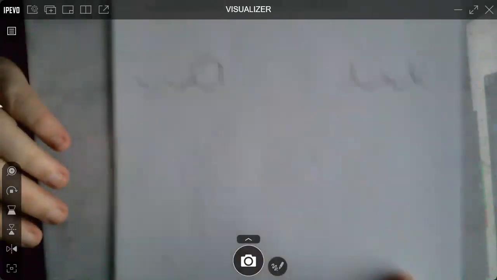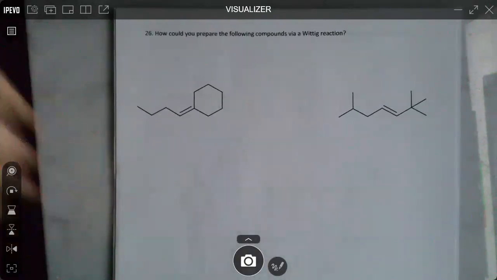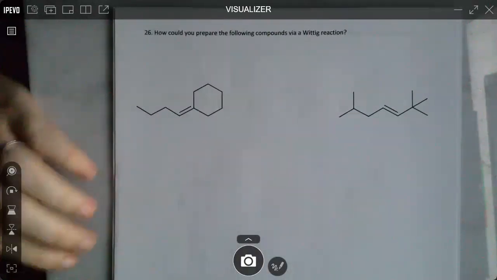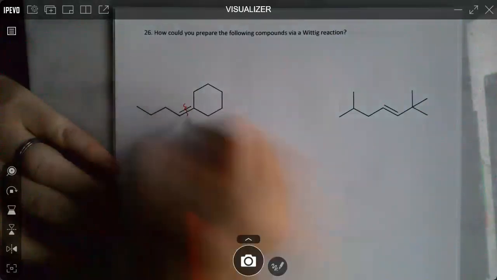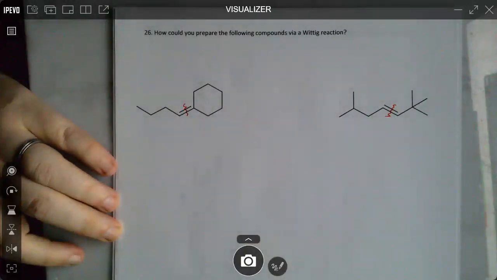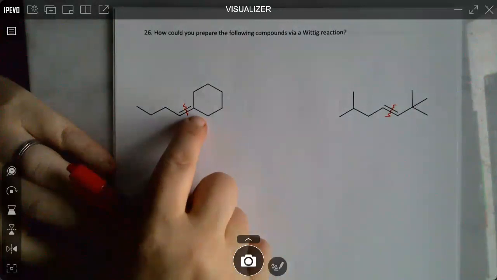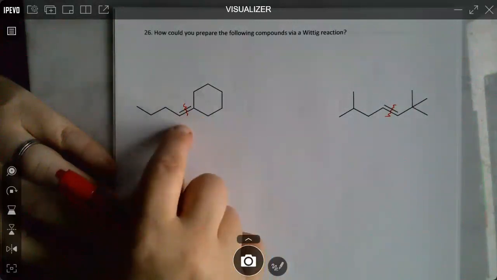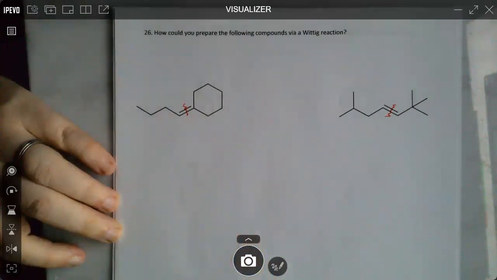How could you prepare the following compounds via a Wittig reaction? So we could think about making this double bond, and we want to do so in a way that puts the carbonyl on the more substituted side if there's a difference, and the Wittig reagent on the less substituted side, because it has to be prepared through an SN2 reaction.